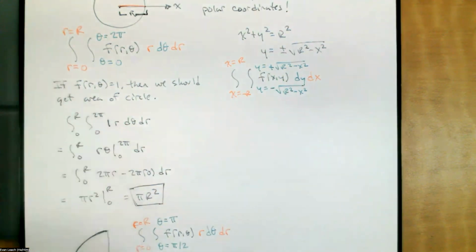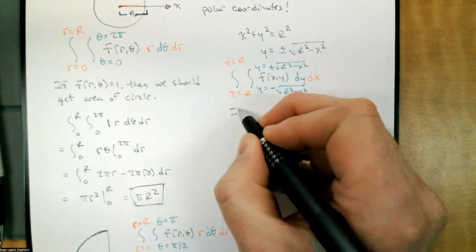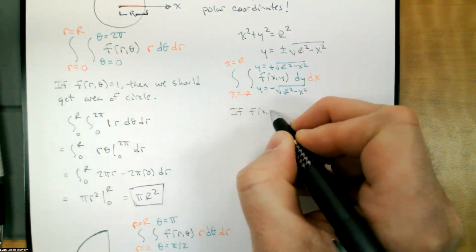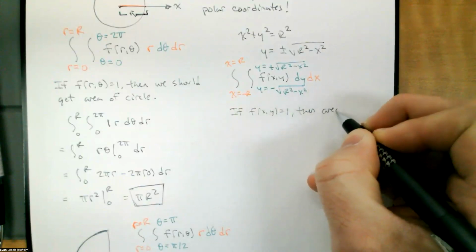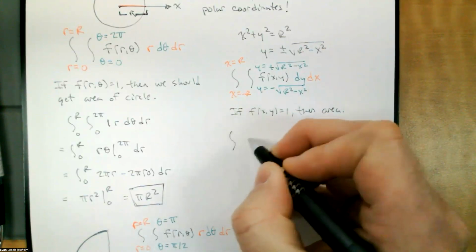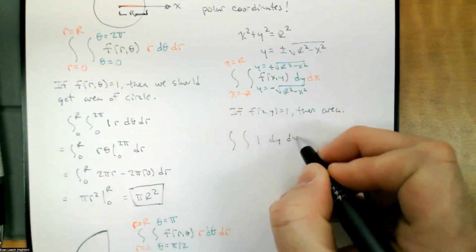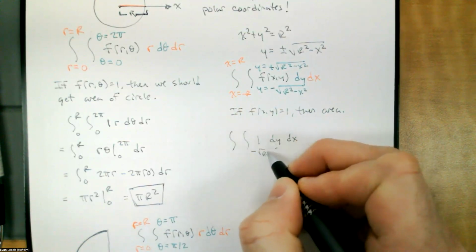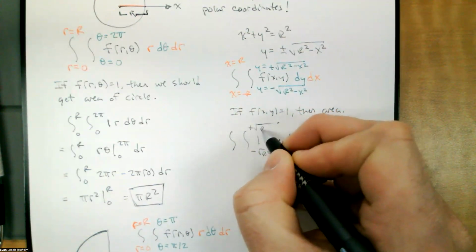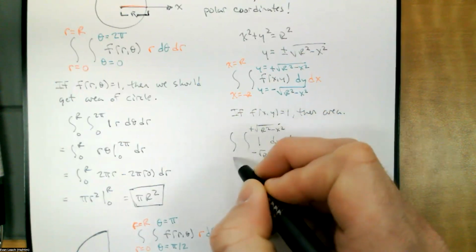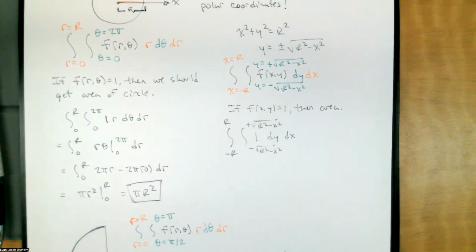So if you're not sure what I'm talking about, you do the same thing. If f of x, y is equal to 1, then we get area. So here's our definite integral.